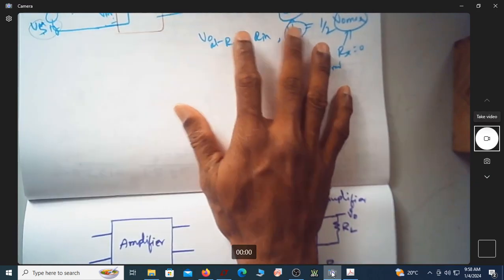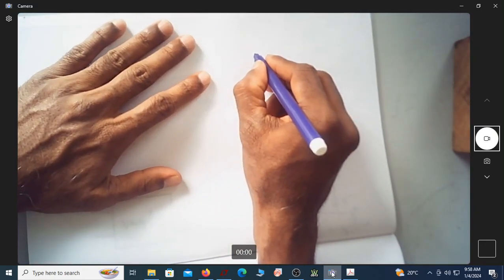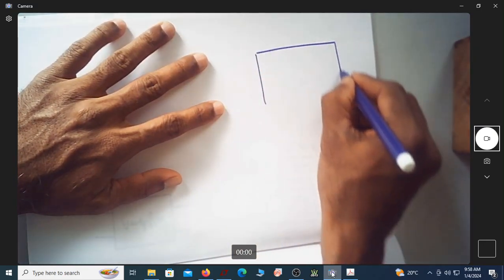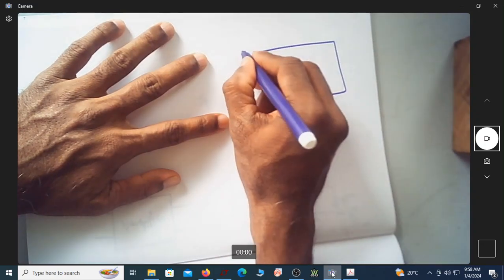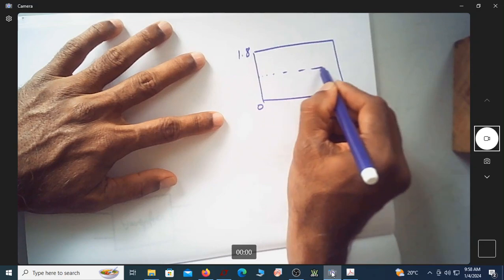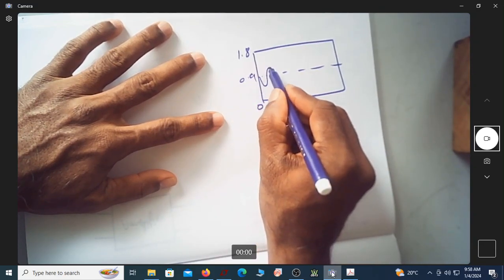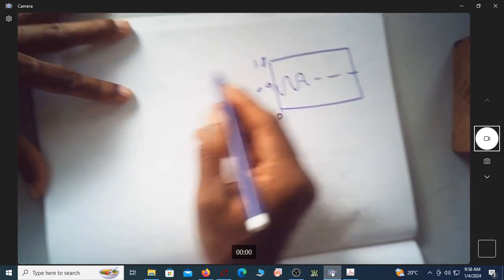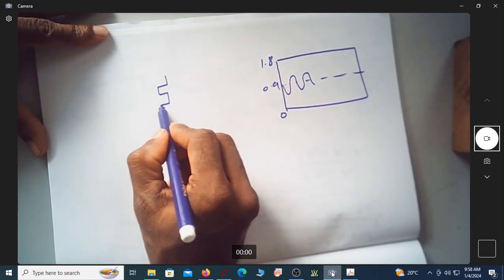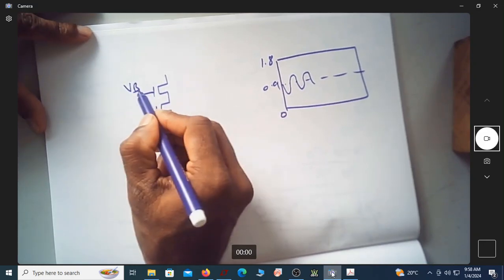Just to understand this, have a look at it now. Suppose this is your output range, 0 to 1.8. If my output voltage is centered at 0.9, I can effectively utilize the swing here. So I have a circuit where I should apply DC voltage here.